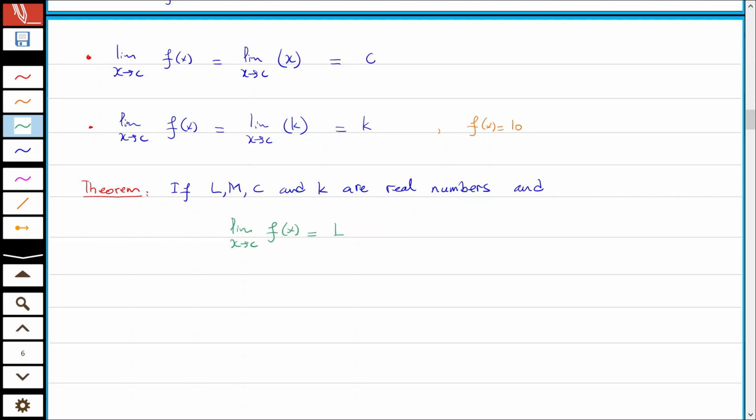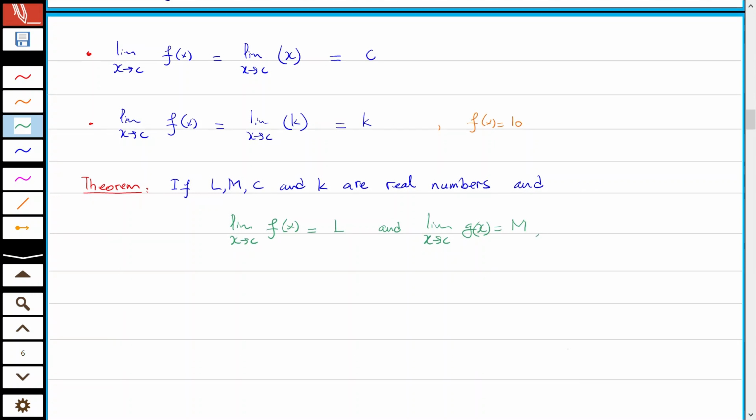When x approaches c, it has a limit and it's equal to L. And further, the limit as x approaches c of a function g of x, suppose that equals the number M.